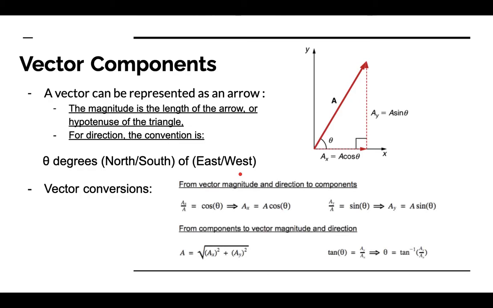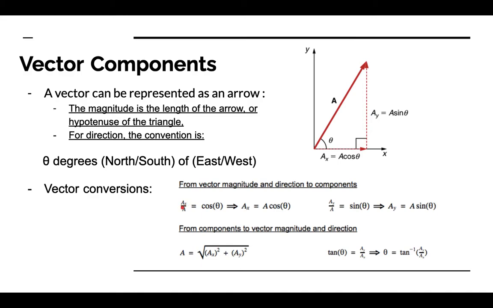So, vector conversions, okay? If we're given magnitude and direction, that is, we're given the length of the hypotenuse A and the angle theta, we can use trigonometry with sine and cosine to determine the components x and y of our vector, that is, the legs of our right triangle.